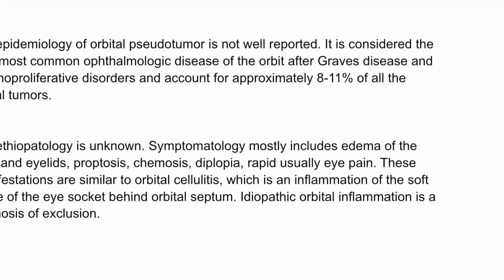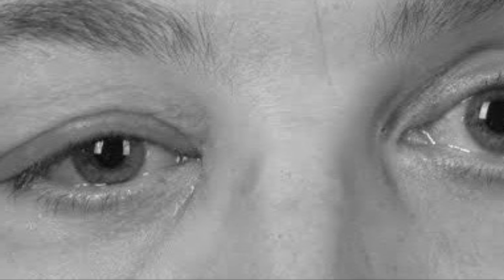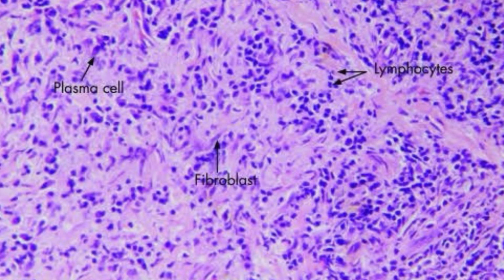The etiopathogenesis of this disease is unknown. Patients commonly present with an abrupt onset of diffuse or localized periocular pain, which is associated with diplopia and restricted ocular mobility. And swelling and redness of the eyelid can be seen, similar to orbital cellulitis.